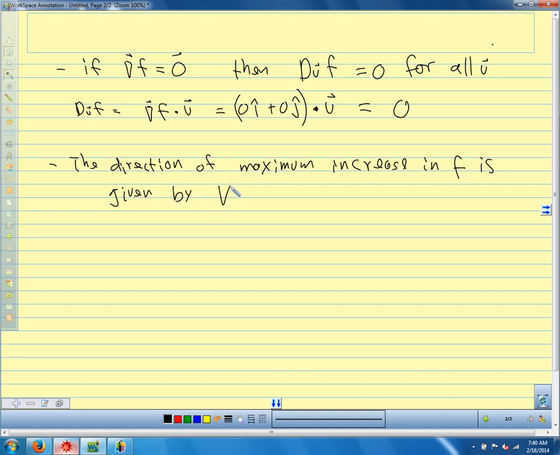We said that's given by del f. And the magnitude of this maximum increase is the magnitude of del f. Well, we can write our directional derivative for this property. Our directional derivative is del f dot u.